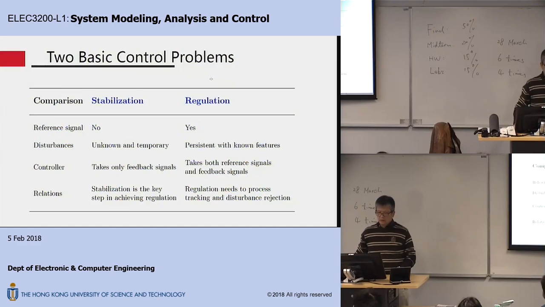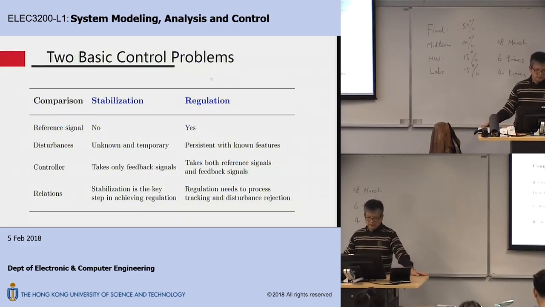Okay, let's recap what we have talked about so far. We have two problems, stabilization and regulation. We're going to study both problems, look at solutions, and do experiments on both. In the stabilization problem, you don't have a reference signal.